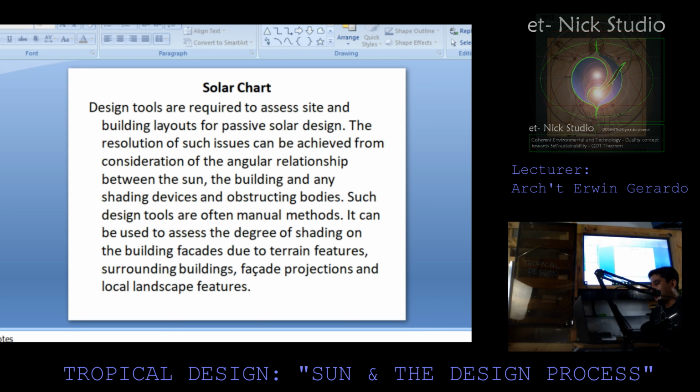Such design tools are often manual methods. It can be used to assess the degree of shading on the building's facades due to terrain features surrounding buildings, facade projections, and local landscape features.